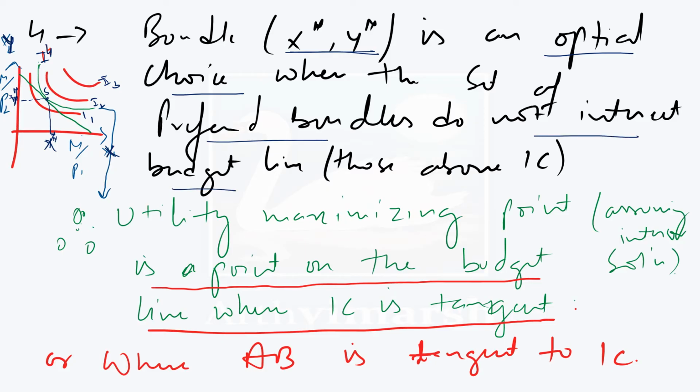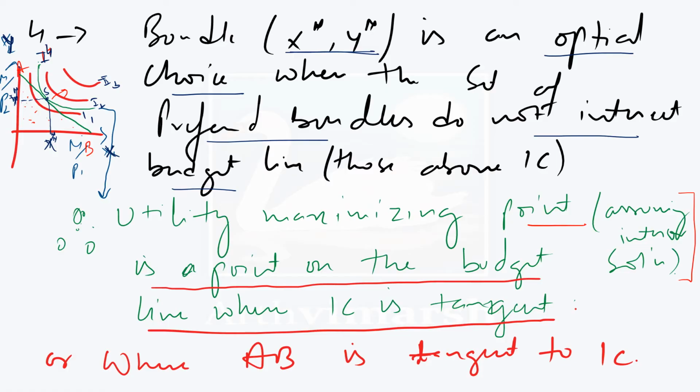So what we conclude from this discussion is that the utility maximizing point, assuming there is an interior solution, obviously beyond this we cannot move, it's not affordable. Your budget set is AB, so you have to find a solution either on the budget line or at a point inside it. And why can a consumer not settle at a point inside?